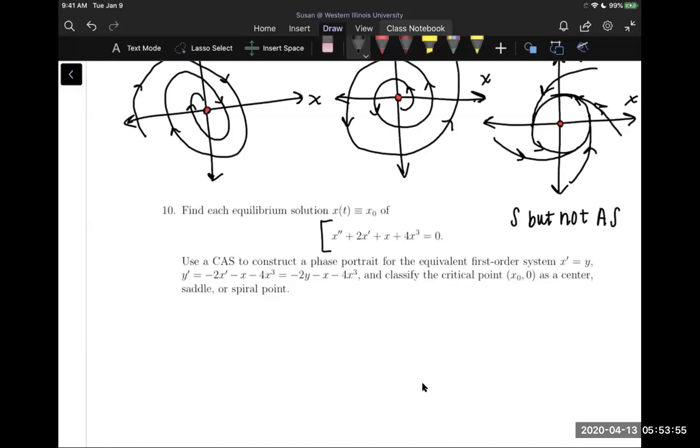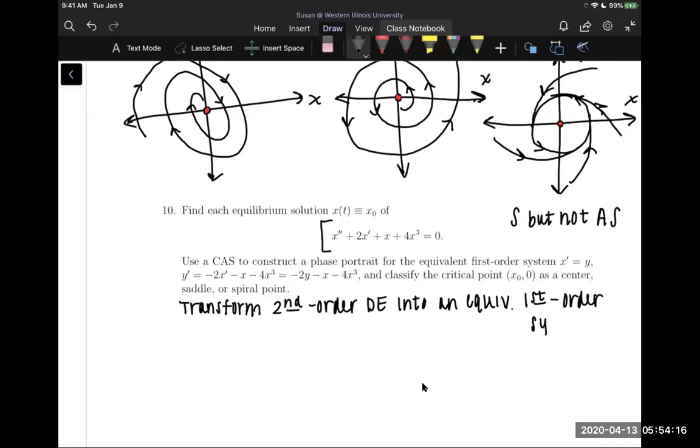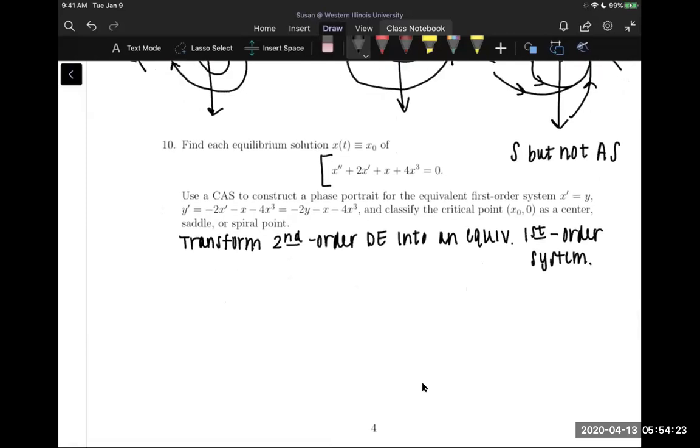So what I want to do is transform this second order DE into an equivalent first order system. This is a skill that we practiced back in section 4.1. So I'm going to notice that this is second order. That means I need to define x1 and x2.